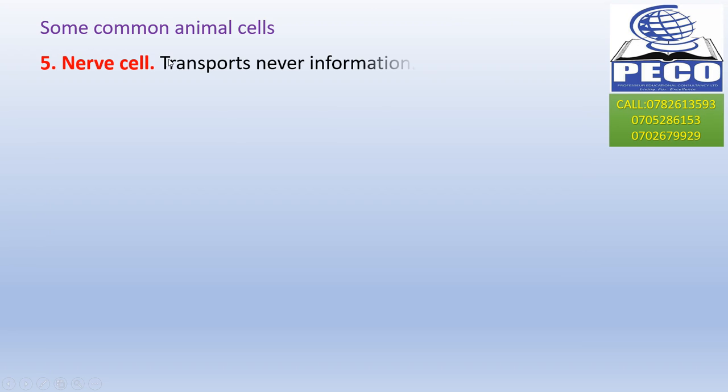Okay, we also have nerve cells, and these transport nerve. This is nerve, N E R V E. So they transport nerve information from one part of the body to the other.